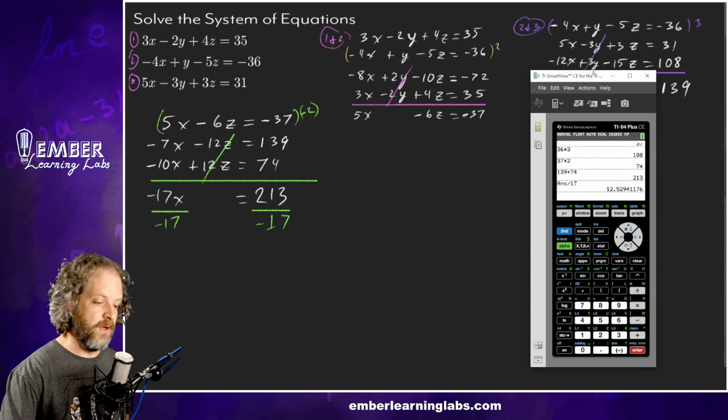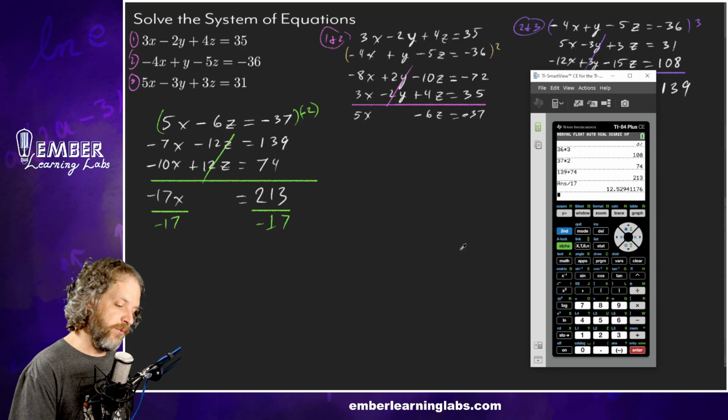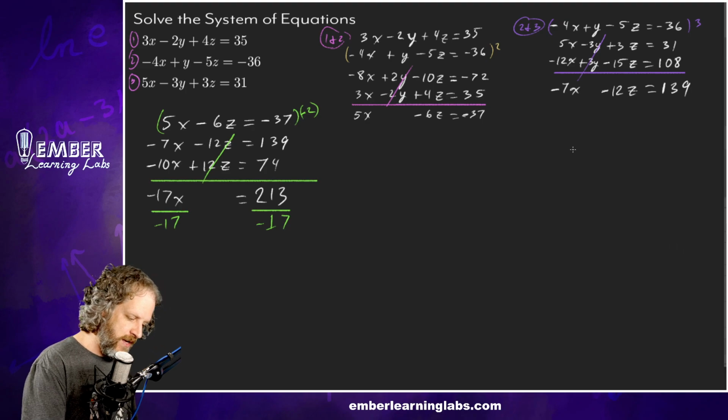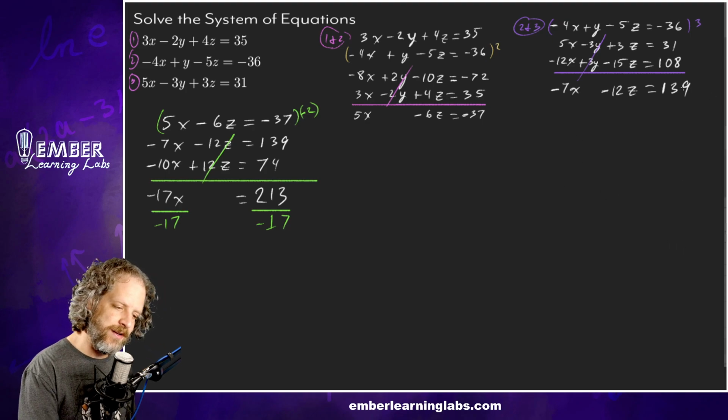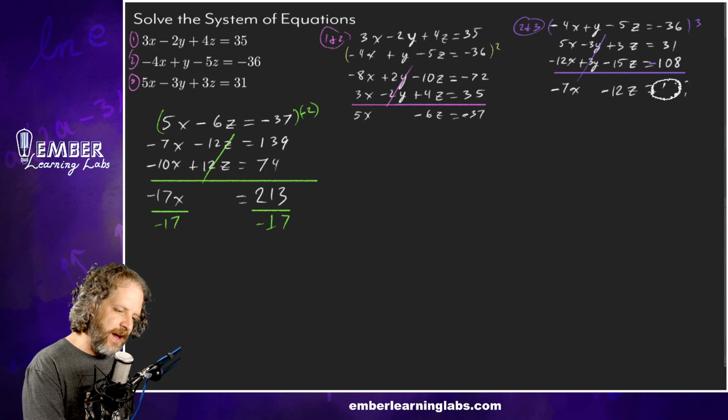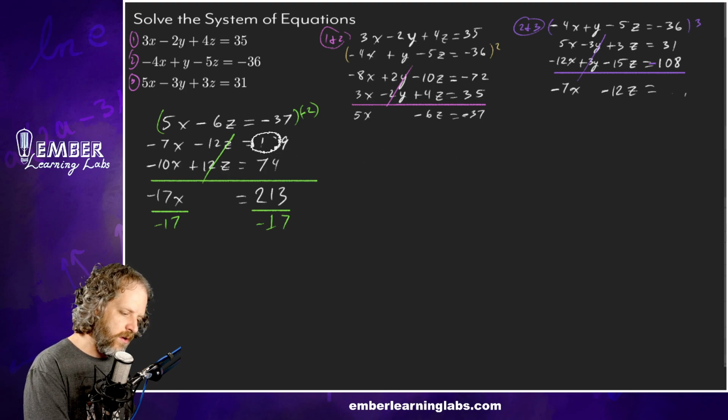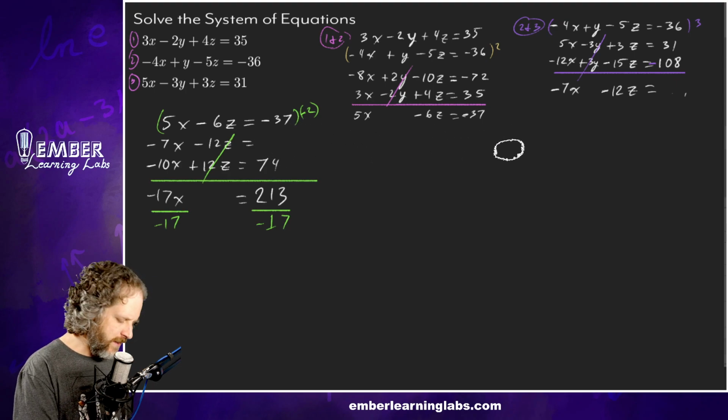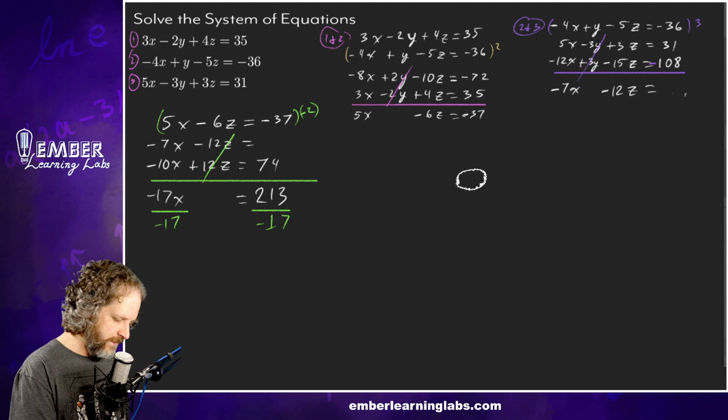Oh no. So I figured out what was wrong. Figured out the mistake. Mistakes happen. This should have been a negative 108, which would make this not 139 at all. It would in fact make it negative something.